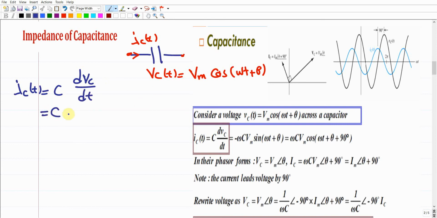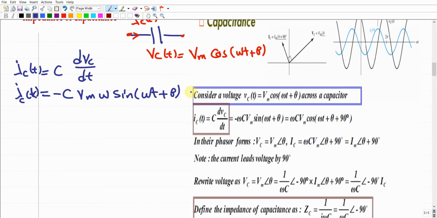The derivative is going to give us Vm times omega times sine, and there should be a negative: negative C Vm omega, the sine of omega t plus theta, right? This is just the derivative of this function, and C is just a constant. This gives us the current IC as a function of t. Make sense?